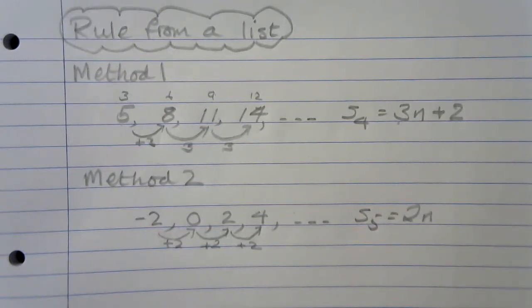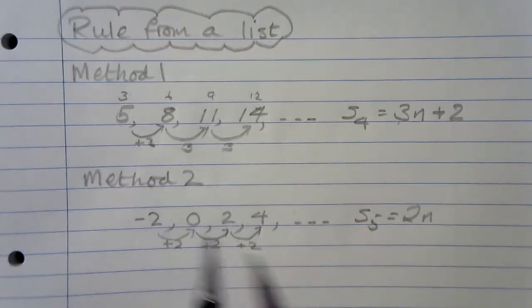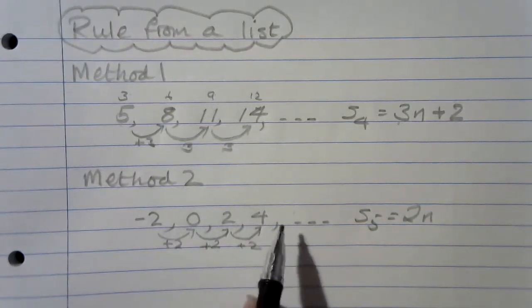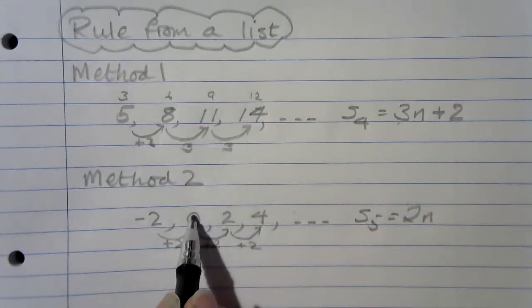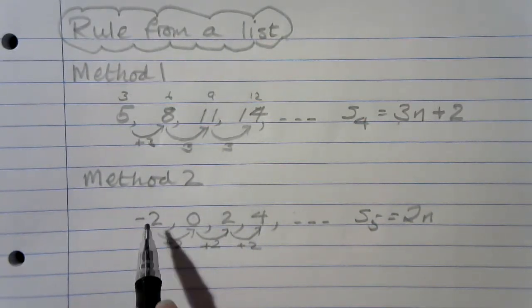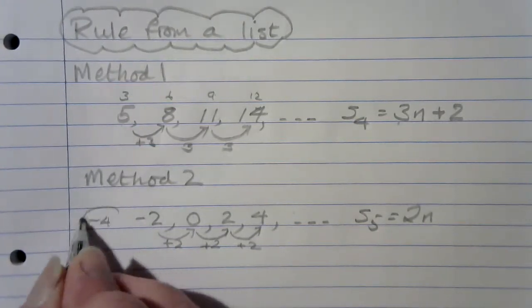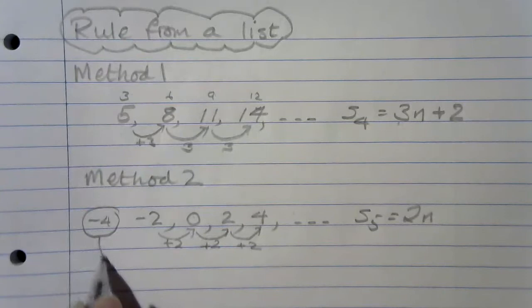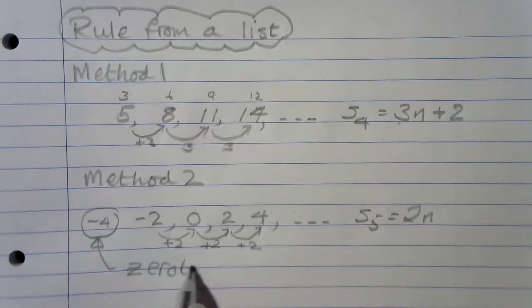Now here's the clever thing. I'm going to start counting back in my sequence. 4, 2, 0, negative 2. My next number here is going to be negative 4. And that is what I'm calling the 0th term.